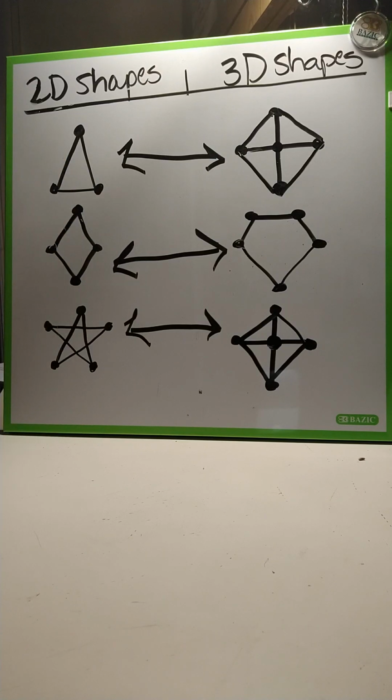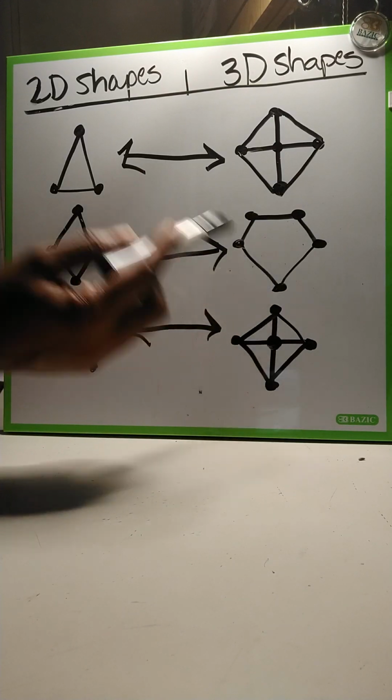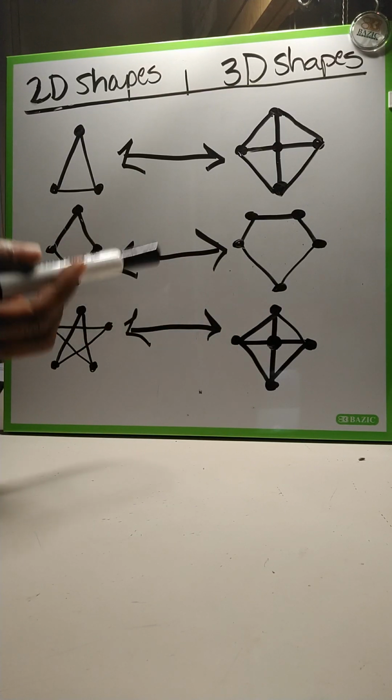Same thing with this diamond here. This diamond right here shows 4 points, which will be a square. The 5th point is not shown here because it's at the bottom. Okay?